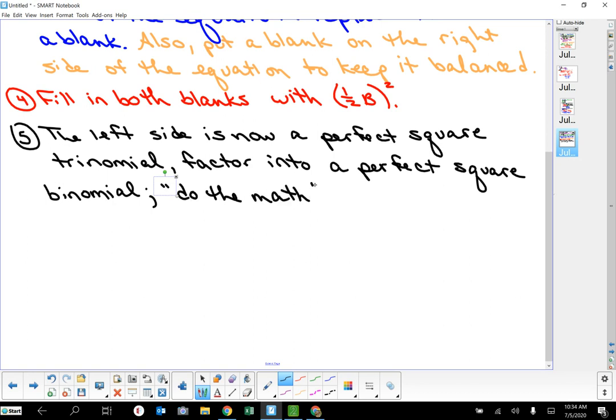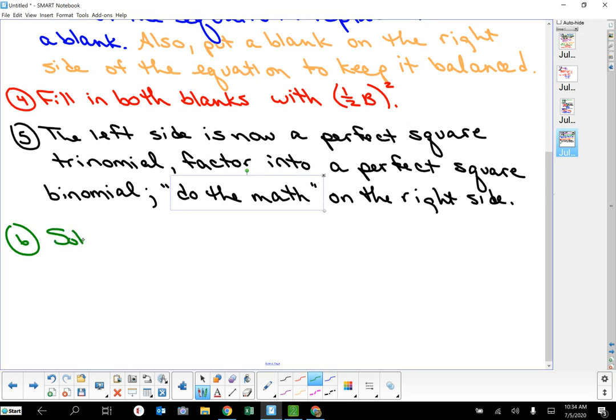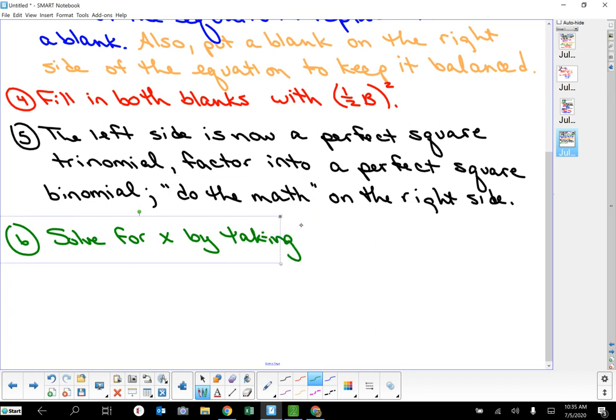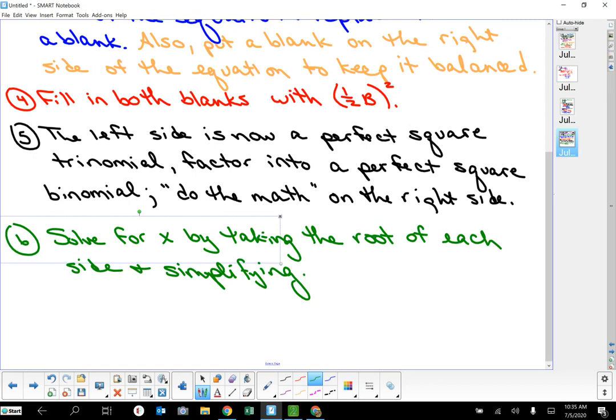You're going to have stuff to add together. I know, without actually seeing what's happening here, it doesn't make a lot of sense, but it'll get there. And then step 6 is to solve for x by taking the root of each side and simplifying. And sometimes it's this very last step, the simplifying, that can be the hardest part. It's not the rest of it if you understand what's happening.